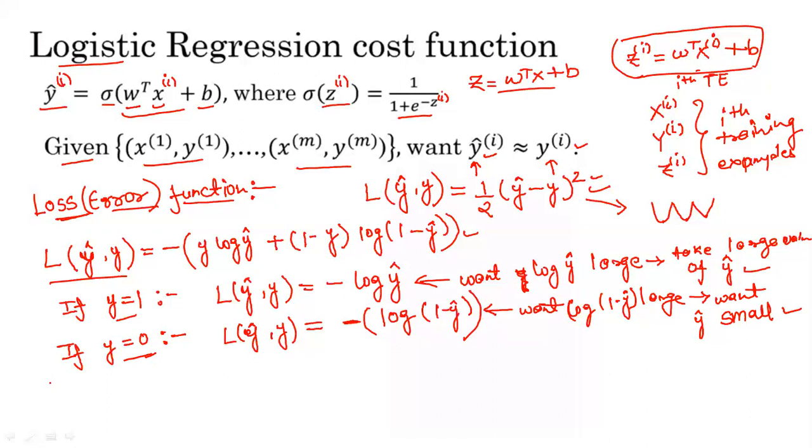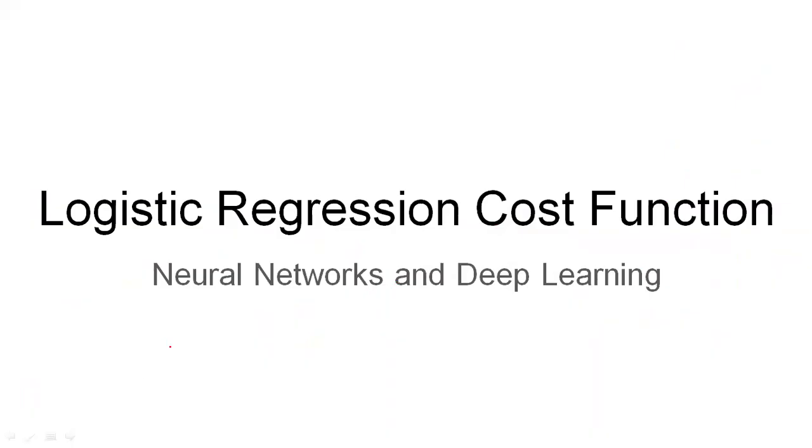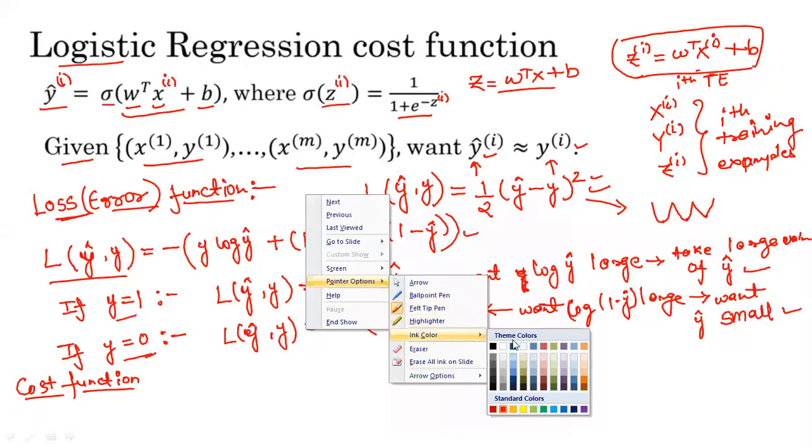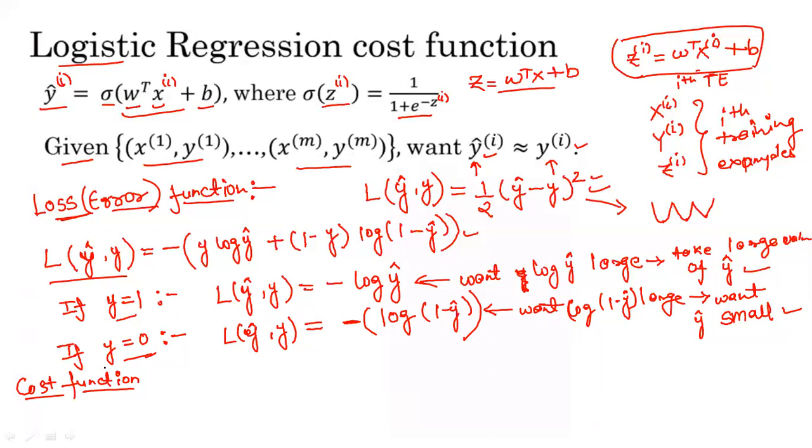But if you have multiple training examples, then you need to define something called the cost function. So we'll write the cost function here. Now, we have already seen that the loss function was defined over y hat and y, where y hat is the predicted outcome and y is the actual outcome.